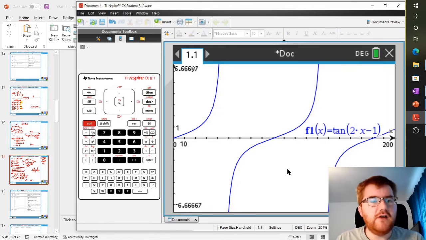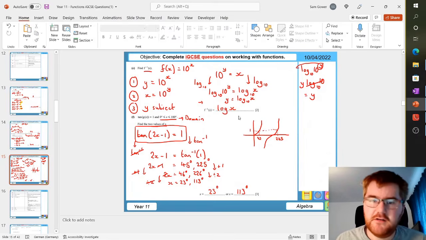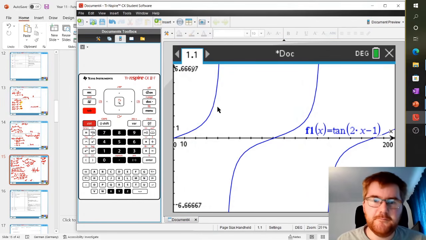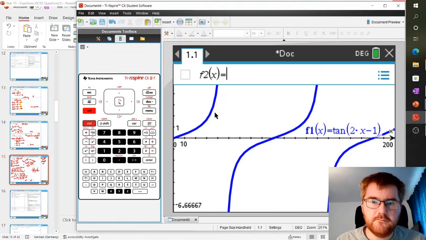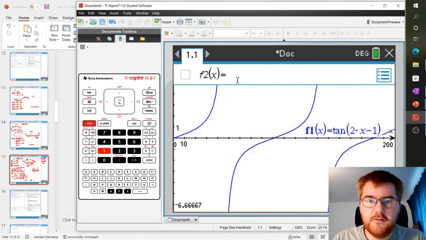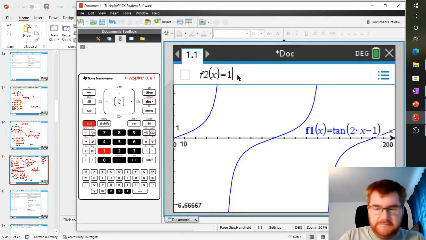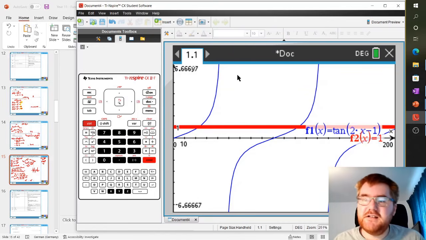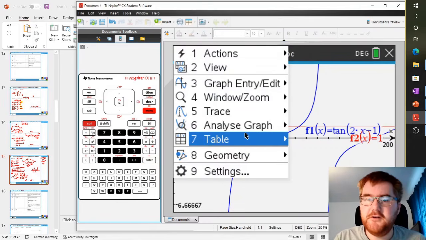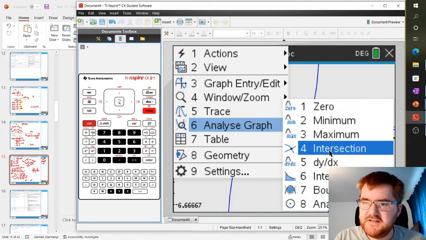Now we put in the right hand side of the equation. So notice the right hand side of the equation was 1. So all we do is press the tab button. Oh, it's doing something very weird. All I want to do is type in 1. There we are. And notice that it crosses the graph twice. So all we need to do at this point is just go to Menu, Intersection.